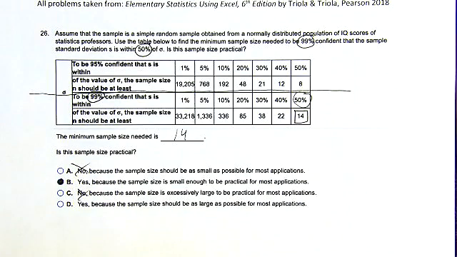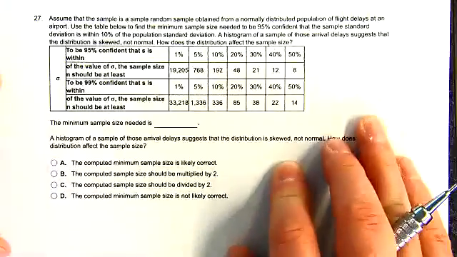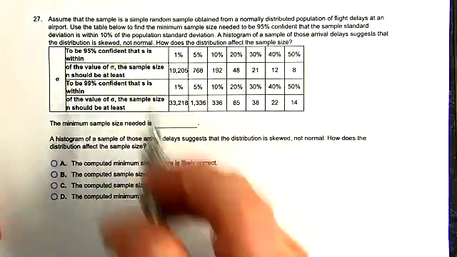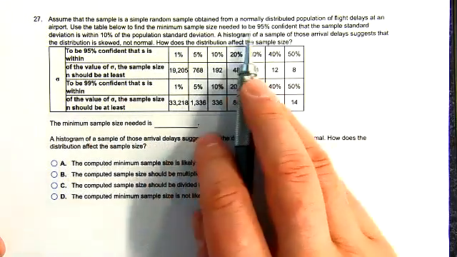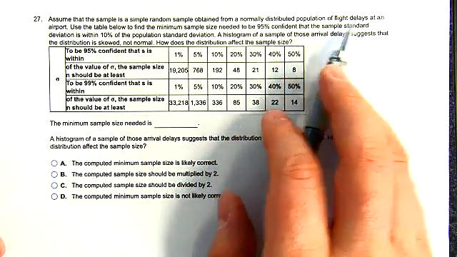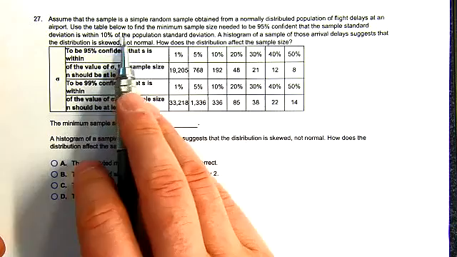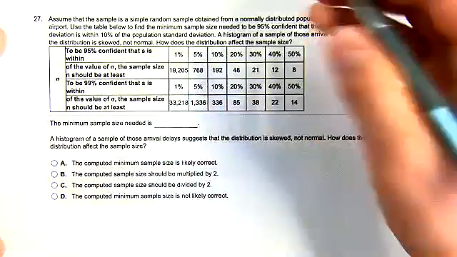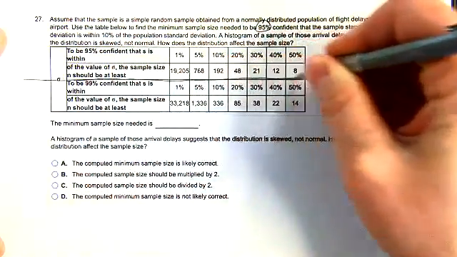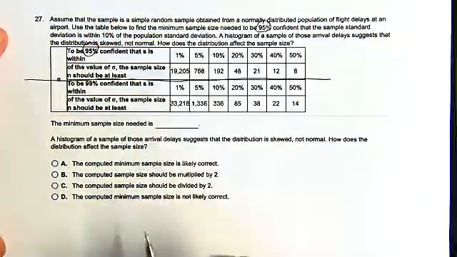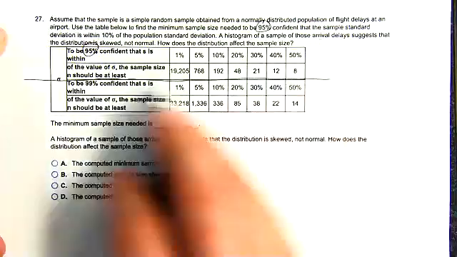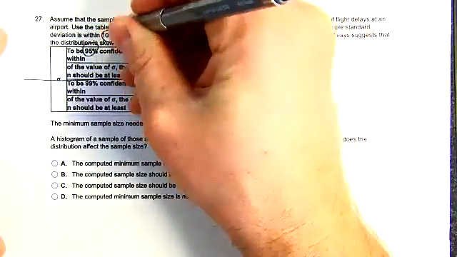Okay, next one. Similar to this. Assume that the sample is simple random, obtained from a normally distributed population of flight delays at an airport. Use the table below to find the minimum sample size needed to be 95% confident. So we're in the top part of the table. That the sample standard deviation is within 10%.